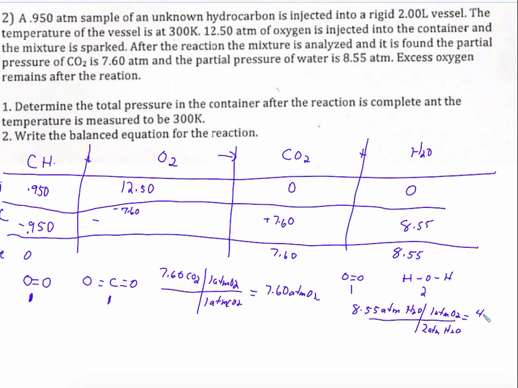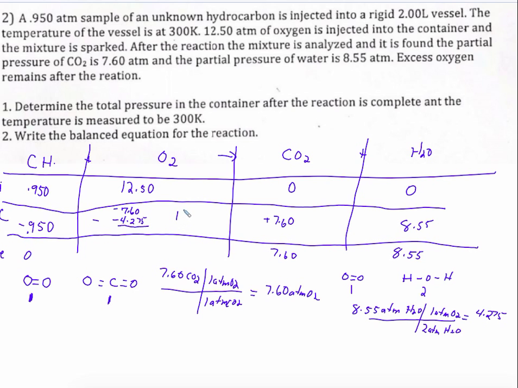And if you do that math, it equals 4.275. Now I'm not going to round off to significant digits yet. I'm just going to keep that in there. So this is going to go down by 4.275, just to make the H2O. So this much to make the CO2, this much to make the H2O.